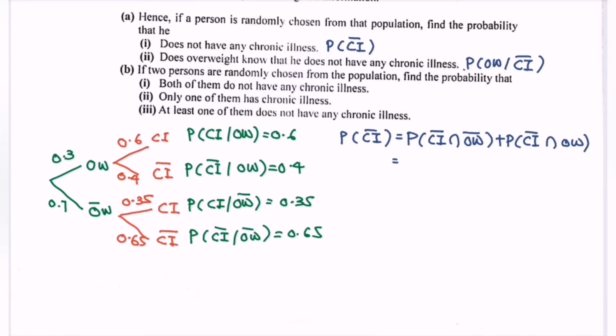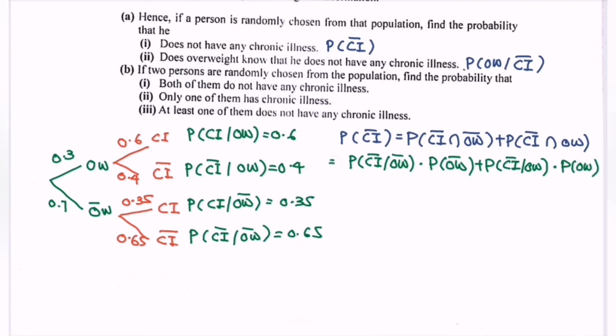In order to get the probability of non-chronic illness intersect with non-overweight, we have to multiply the probability of non-chronic illness given non-overweight with the probability of non-overweight, plus the probability of non-chronic illness given that it is overweight multiplied with the probability of overweight.